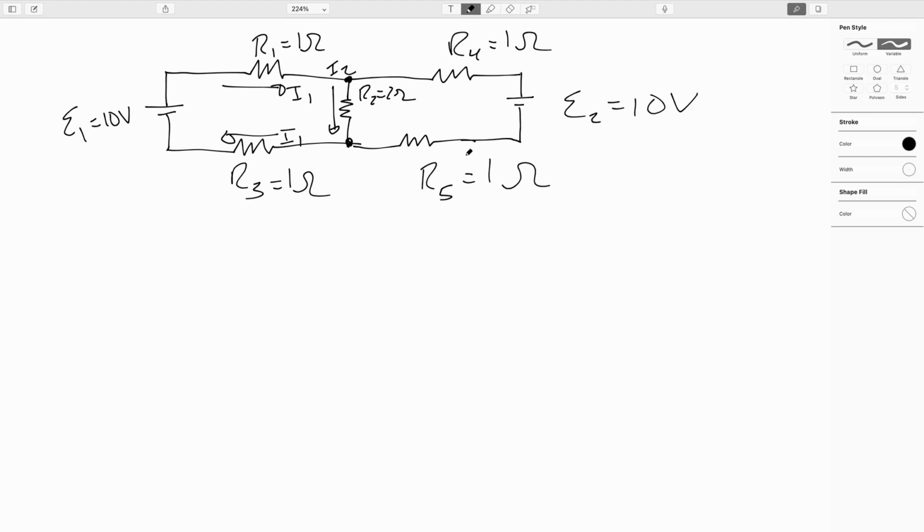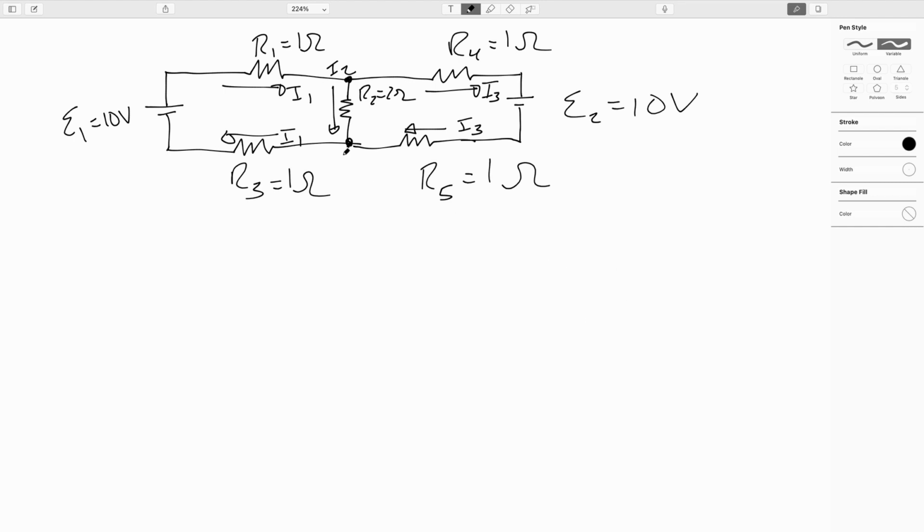From the symmetry of the situation, we can guess that this is going to be flowing counterclockwise, but let's say we were having an epically bad day with our guessing, and we guessed that the current flowed clockwise. Spoiler alert, I3 is going to end up being a negative number when we solve for it. But I just want to show that the world doesn't come to an end when that happens.